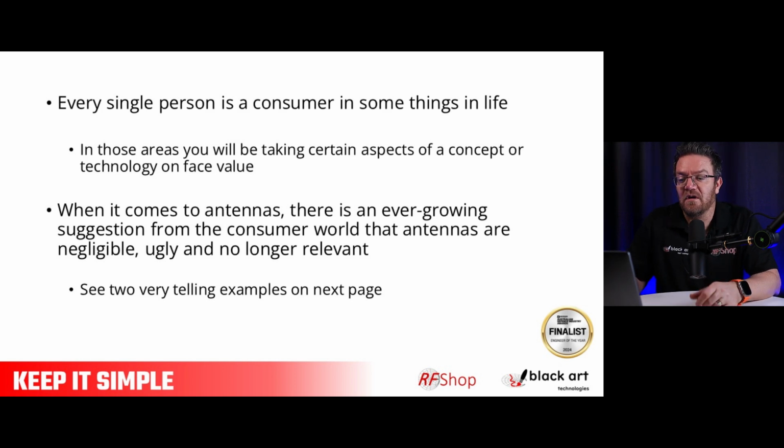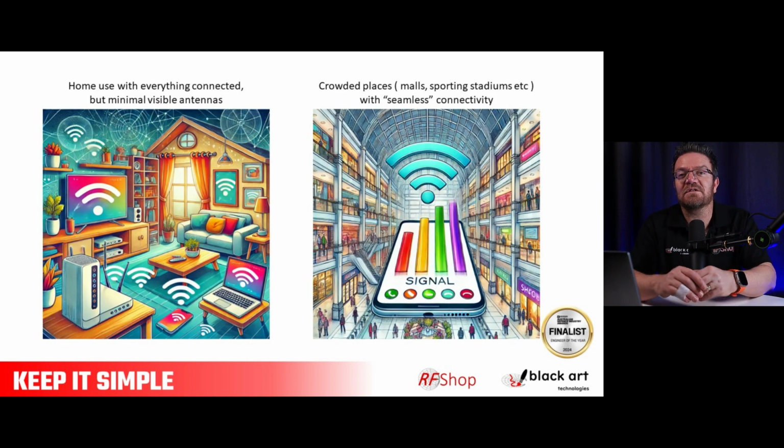That's something we deal with. Now, here are two examples just to show the way things happen for us. First, on the left is a picture of a house created in ChatGPT. If you look at all the connected devices, everything is connected some way or another to the other devices: TVs, laptops, phones, tablets, all connected to a router that maybe doesn't even have an antenna.